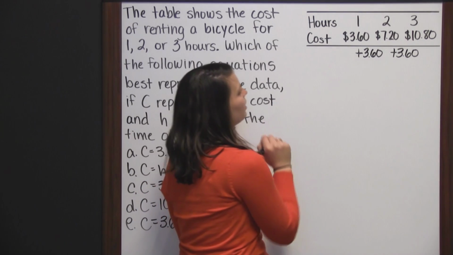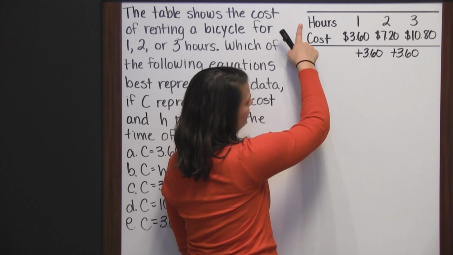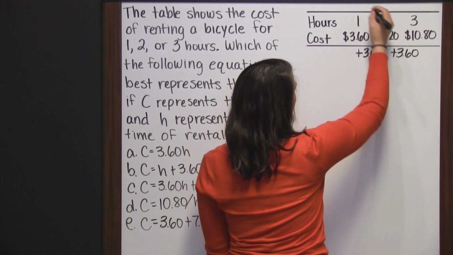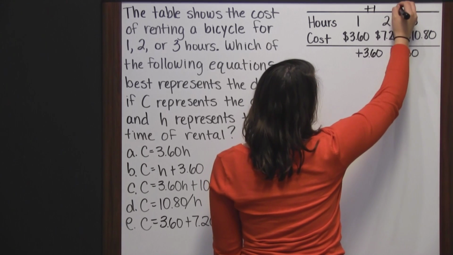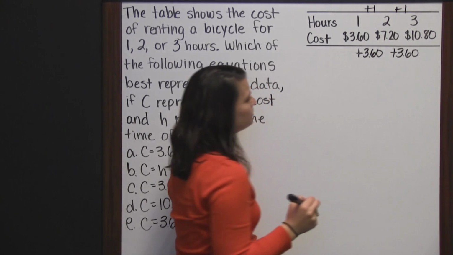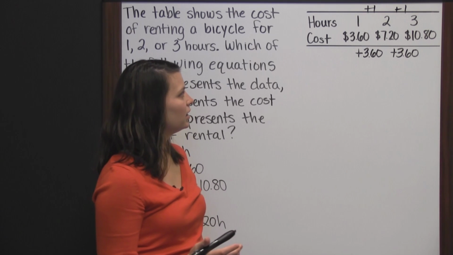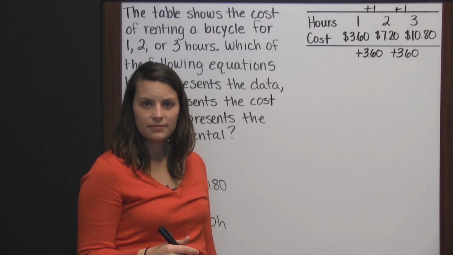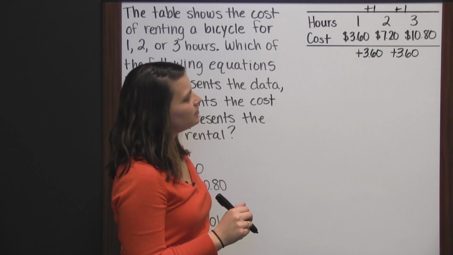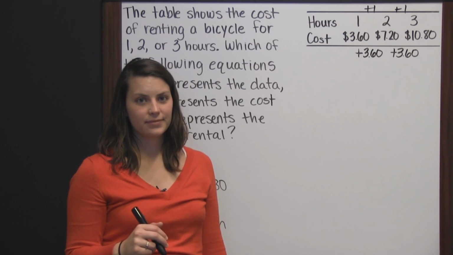I want to now compare and see what's happening with my independent variable, my time. So from 1 to 2, I increase by 1. From 2 to 3, I also increase by 1. So there's a constant change in my independent variable, my time, as well. This tells me that there's a linear relationship here.